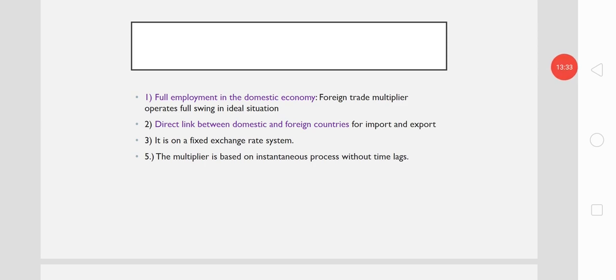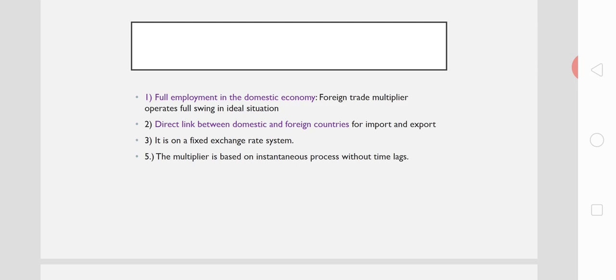In order to operate the foreign trade multiplier in full swing, there are a few assumptions. First one is full employment is assumed in the domestic economy. This is the ideal situation: there is no unemployment in the domestic economy.